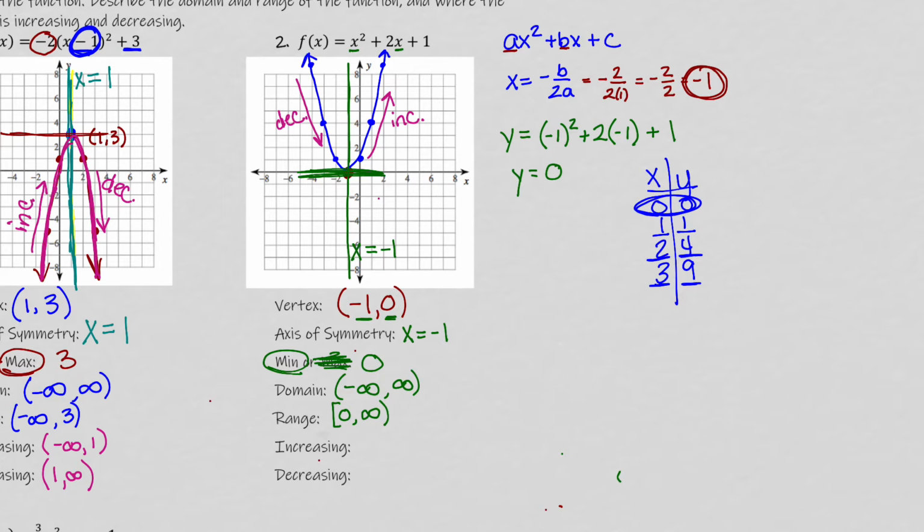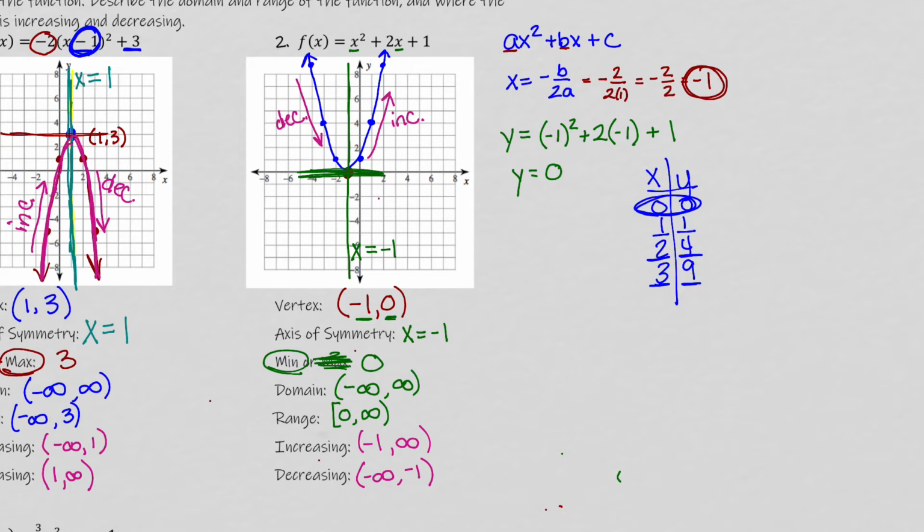So my decreasing is coming from negative infinity and stops when x is negative 1. My increasing starts when x is negative 1 and goes to positive infinity. So I took my domain and I broke it in two at the x value of that vertex. You just had to remember which one was increasing and decreasing.